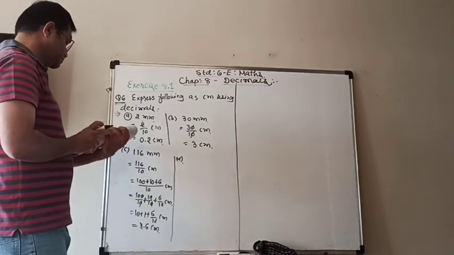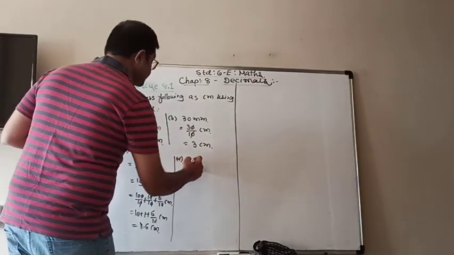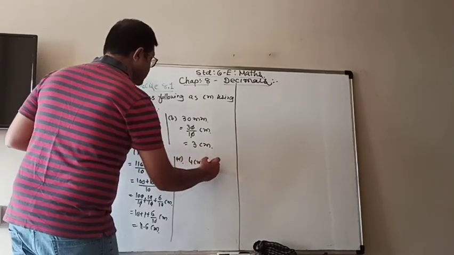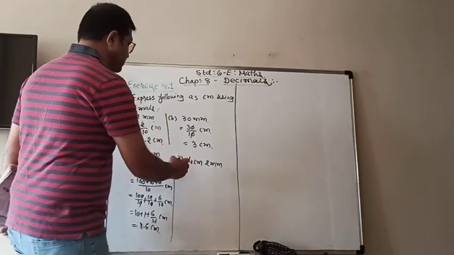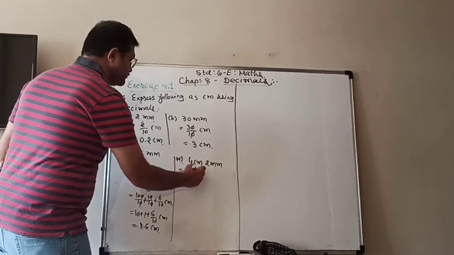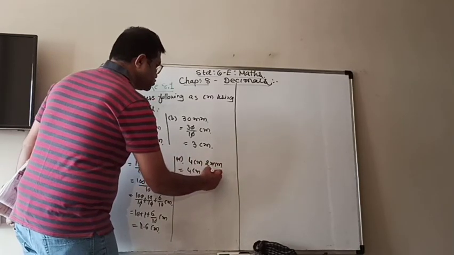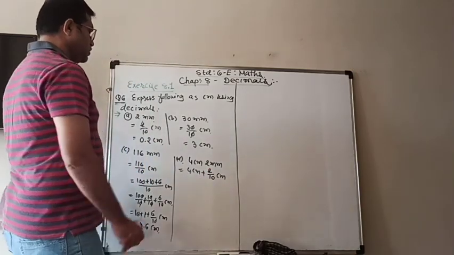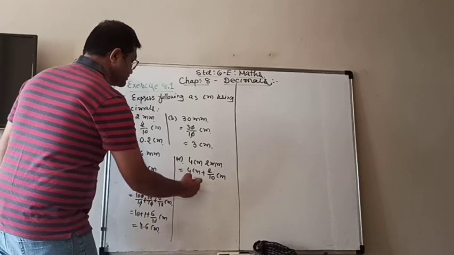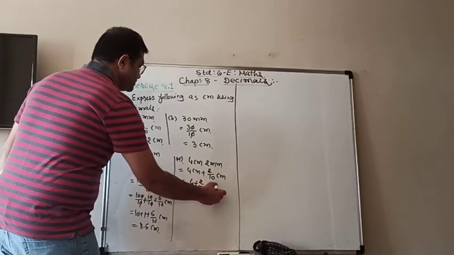D. 4 centimeter 2 millimeter. Now 4 is already in centimeter. So we can write down 4 centimeter plus 2 millimeter means 2 upon 10 centimeter. It means that it is 4 plus 2 upon 10.